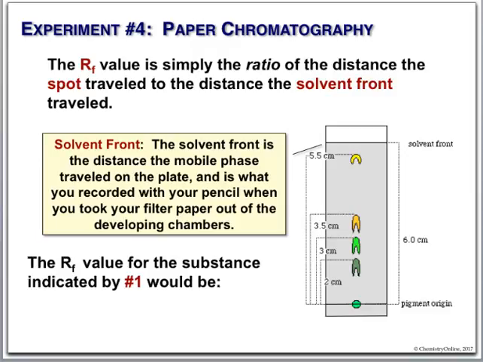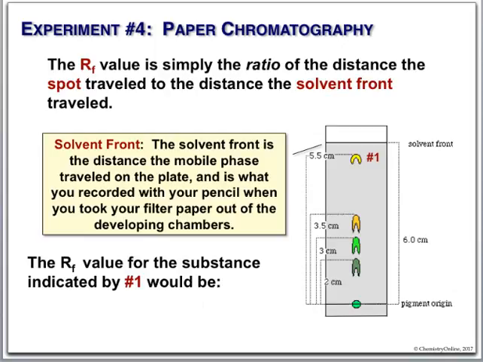The RF itself is simply going to be the ratio of the distance that the spot traveled to the solvent front. Just a simple ratio. That's it. So let's call this spot number 1. Spot number 1 traveled 5.5 centimeters up the paper. The solvent front traveled 6.